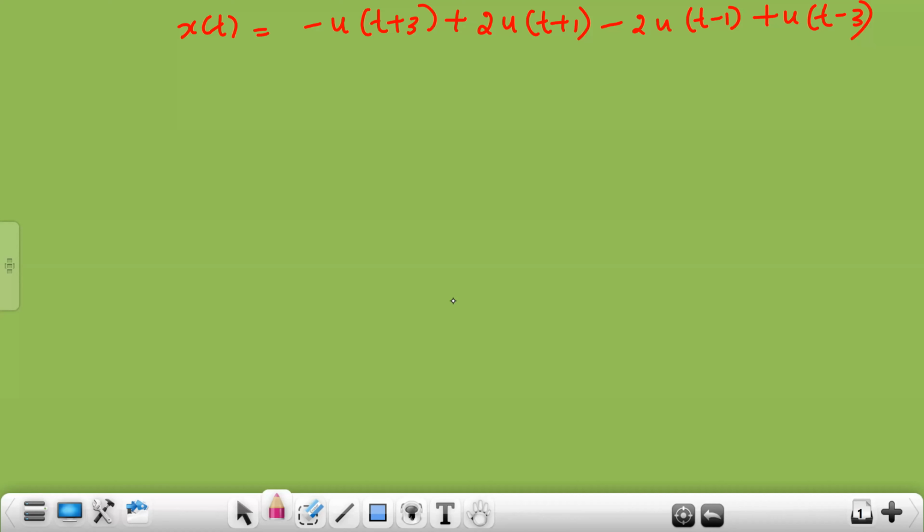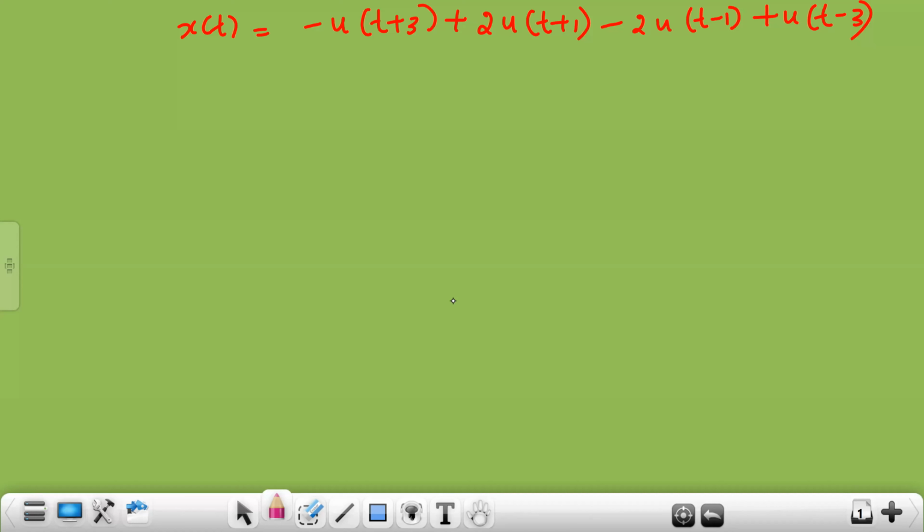Otherwise you will make some mistakes, subtraction and then in between addition, it will be a confusion for you. So what you are going to do as of now is you will be treating this minus as minus along with the amplitude, and then you will be adding all the 4 graphs individually. Is that clear for you?